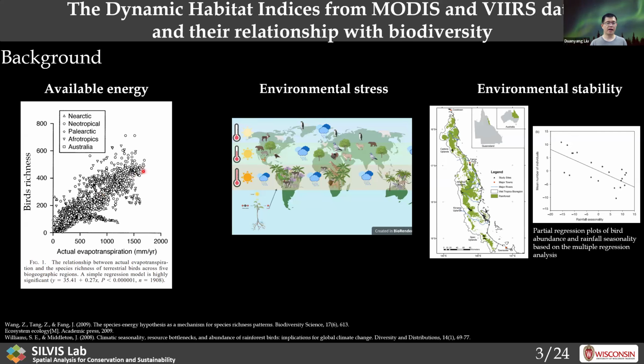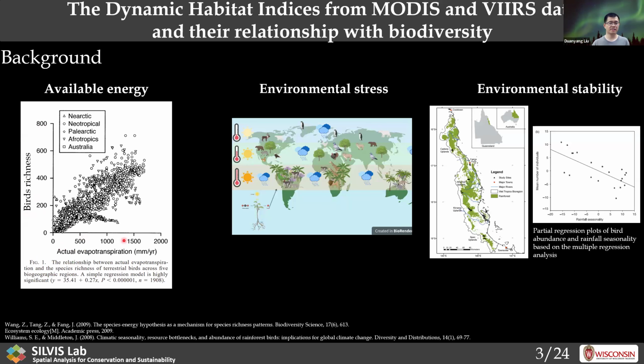This is because the higher input energy from solar radiation increases the net primary productivity, which is NPP, of the place, and increases the accumulation of biomass and provides more food and habitat resources for the wildlife. For example, this figure shows almost a positive linear relationship between the actual evapotranspiration and the bird richness in the forests of North America.